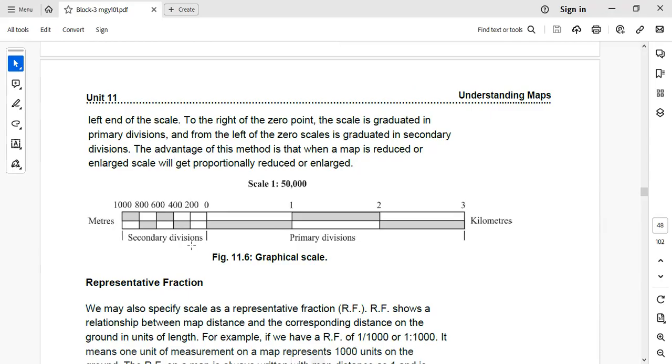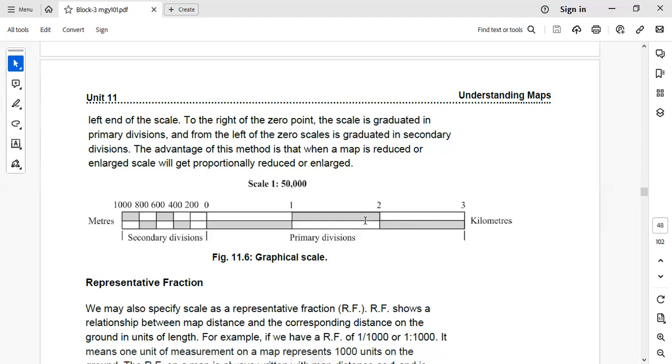Then we have another type of scale representation, which is known as representative fractions. It is given as, for example, RF equals 1 divided by 1000. In this case, the unit for both the numerator and denominator should be the same.